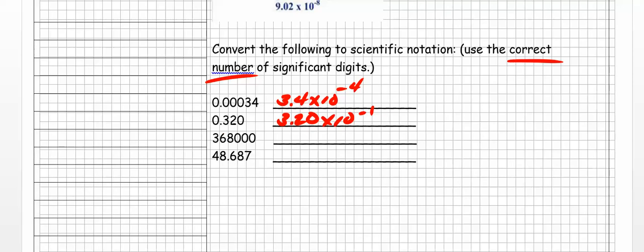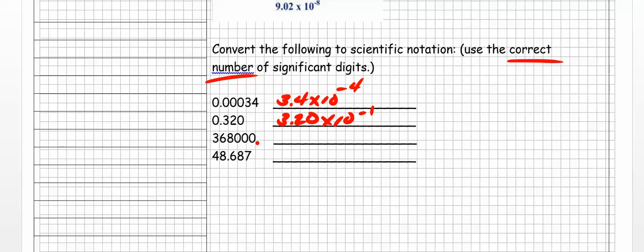Let's look at this one. We have 368,000. We want to express that in scientific notation. Well, even though there's no decimal there, the decimal is implied to be right here. It is a whole number after all. And so what we're going to do is move the decimal place over so that there's one and only one number to the left of the decimal. So here we go. 1, 2, 3, 4, 5.